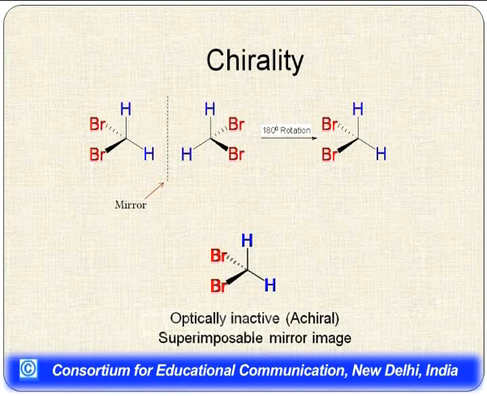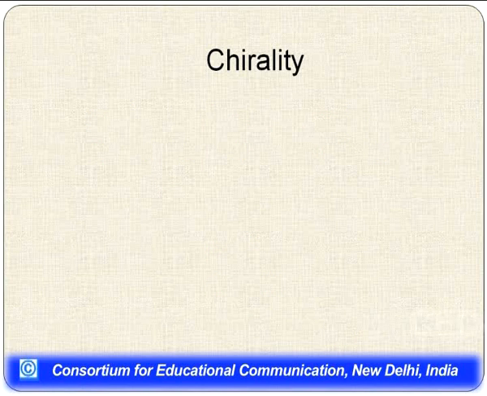But why am I telling you this about chirality? The second slide says that if I change the groups to 4 different groups, I put fluorine in place of one of the hydrogens, and in place of another one I have taken chlorine.